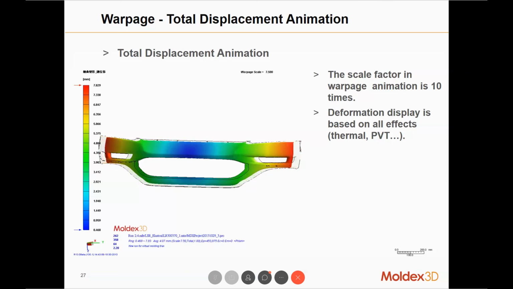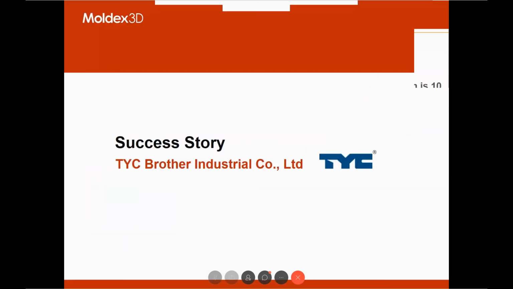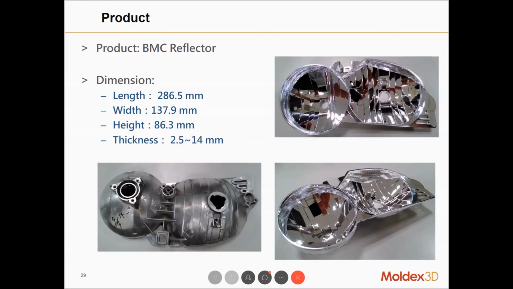Okay, so now that we know most of the key features of Moldex3D results, I would like to show you one successful case from our user TYC Brother Industry. This is one of their parts with a problem during production.